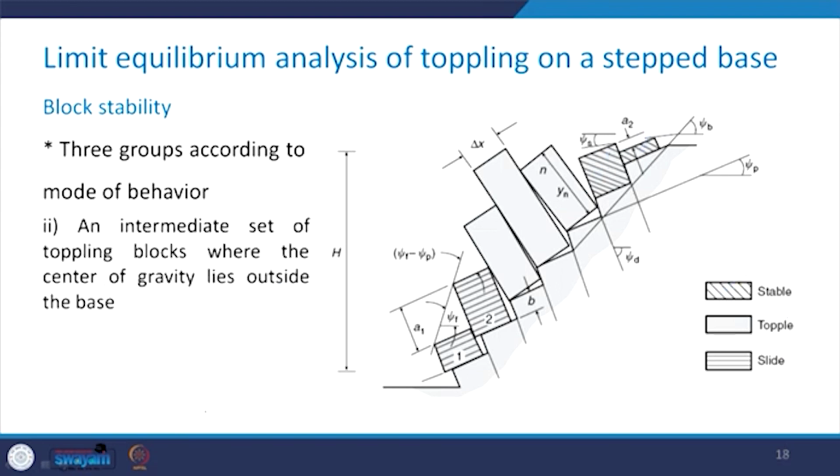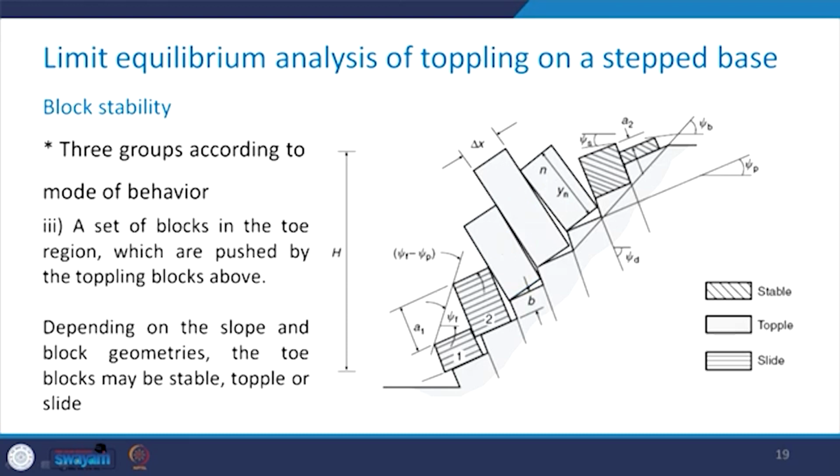The second set has the intermediate set of toppling blocks, as given by these 3 blocks in this particular figure, and in this case the CG lies outside the base. That means these blocks will topple. And the third set of blocks, which is in the toe region, is pushed by these toppling blocks. Let us say these 3 blocks are the toppling blocks in this figure.